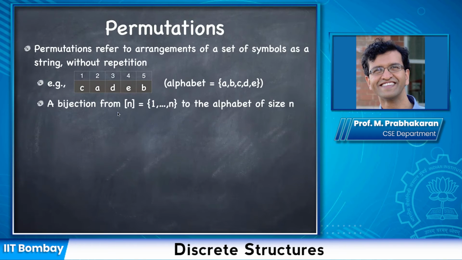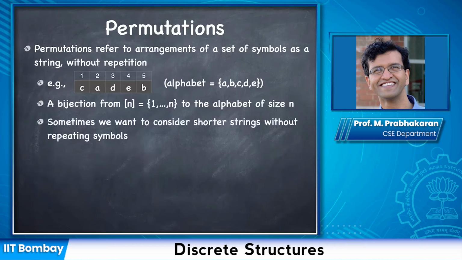And since a string is just a function, a permutation is also simply a function. It's a function that maps the set [n], so 1, 2, 3 up to n, to the alphabet, which also has a size n. And since no character is repeated, it's a one-to-one function, and since every character appears exactly once, it's an onto function. So it's a bijection from the set [n] to the alphabet, which is also of size n.